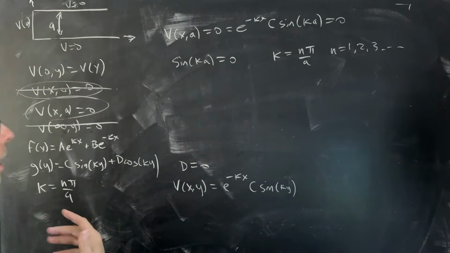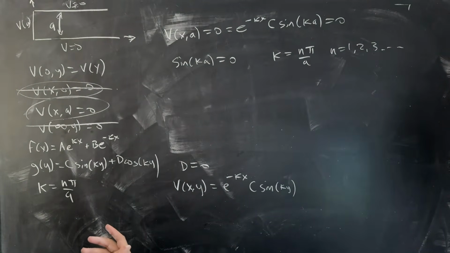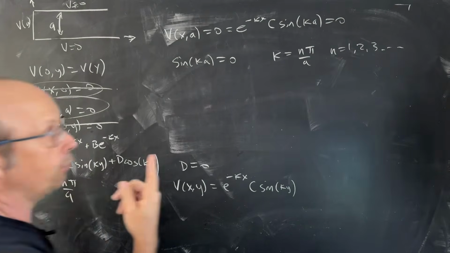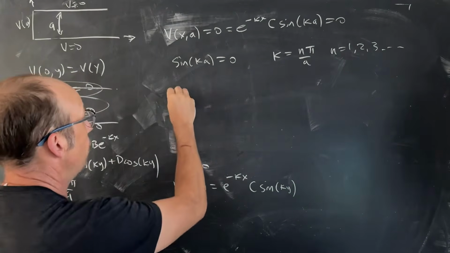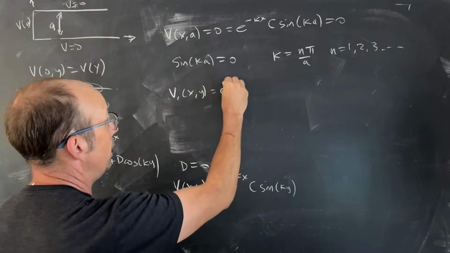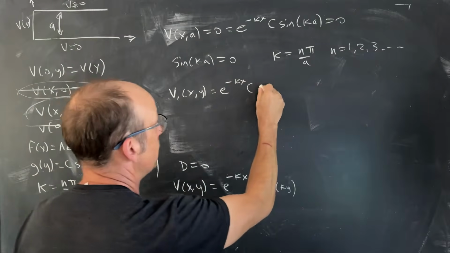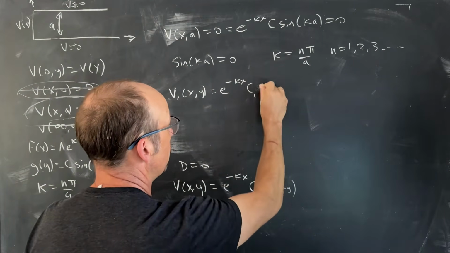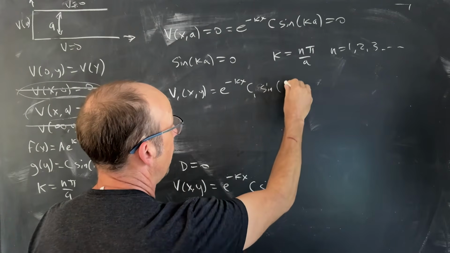So imagine that I have n equals 1. Well, for n equals 1, I have v1 of x, y is equal to e to the negative k1 x, c1, I'll put it as c1, sine of k1 y.